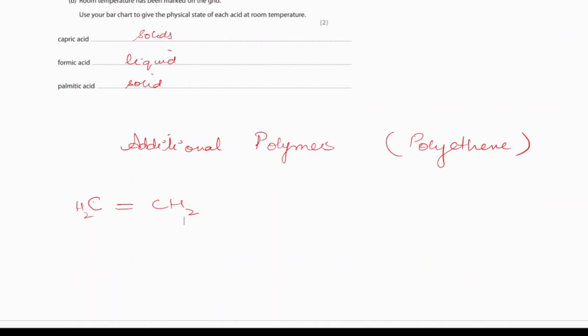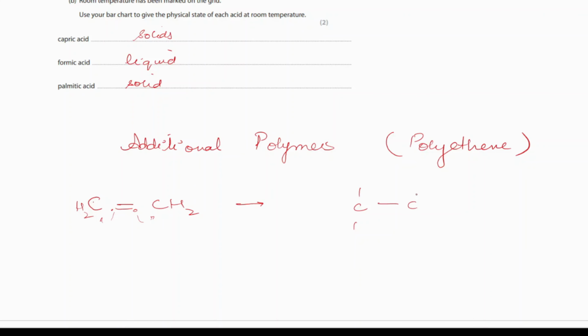When we discussed the reaction of alkenes, I told you how the double bond would convert into a single bond. The electrons that were being shared would be taken up by these, and this would be converted to a single bond. Simple. So in addition polymers, what would happen?